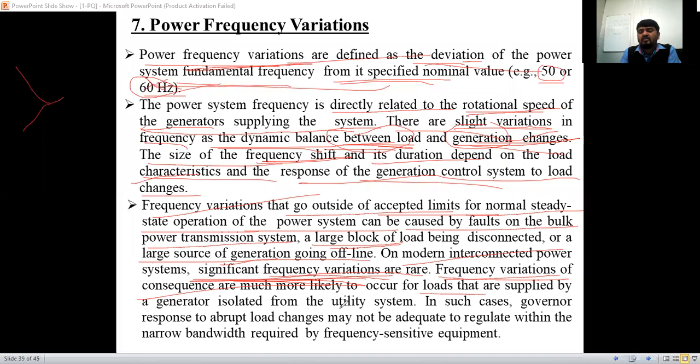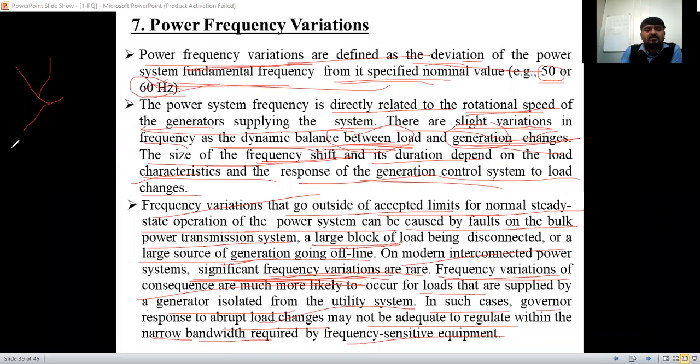Whatever generators we have isolated or removed from the utility system can produce these frequency variations. In such cases, the governor response to abrupt load changes may not be adequate to regulate the frequency within the narrow bandwidth required by frequency sensitive equipment.